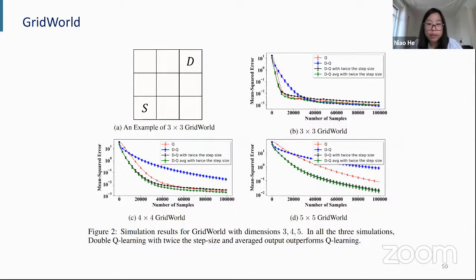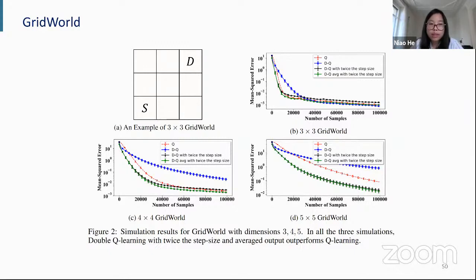And again, here you see that double Q-learning with the average estimator has a much better asymptotic mean squared error, or asymptotic variance. So you might wonder, what happened? In all of these examples, you don't really see this phenomenon of maximization bias, right?